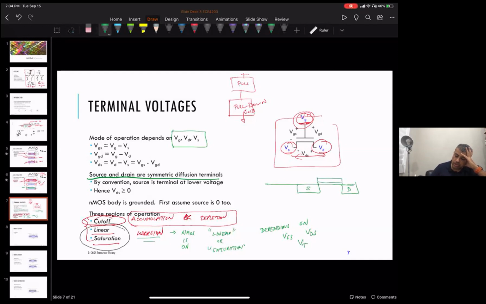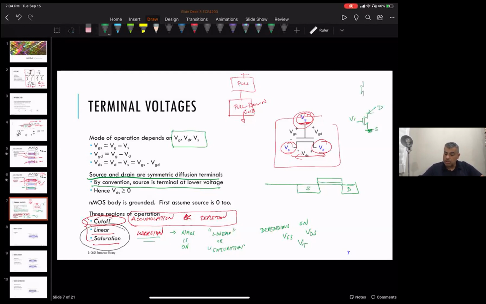So how do you decide what is the drain and what is the source? By convention, the lower voltage is the source. For an NMOS, if this node is connected to ground, the other node could only be at ground or higher. So we call this the drain, and this the source.